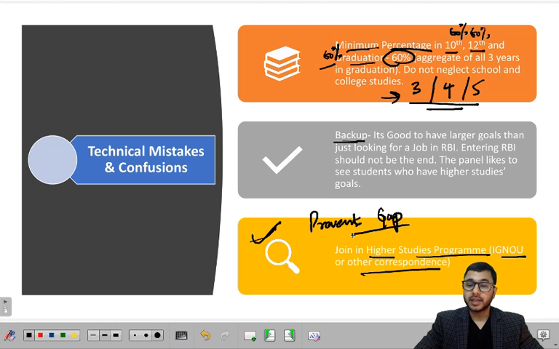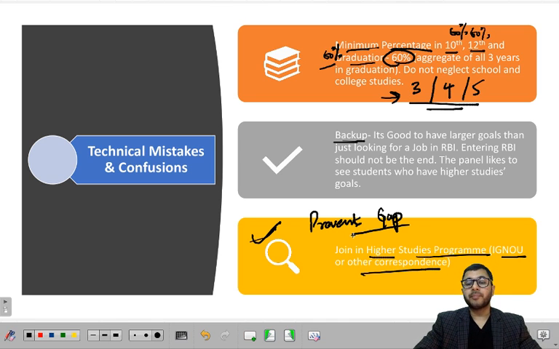So you have to be well read also, but at the same time the start is always good if you don't have that gap. So students who have just completed their graduation, or completed it in 18, and are not doing anything else, I would recommend that you go for some higher studies program as well, whether it's correspondence or open or anything else.